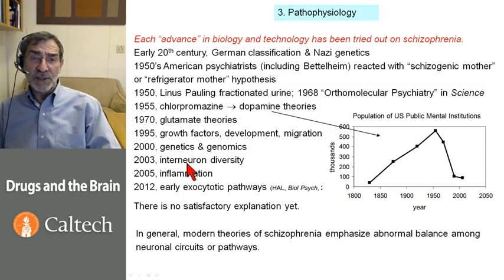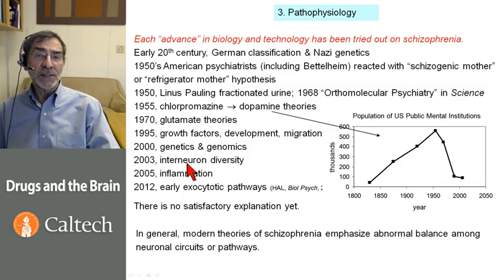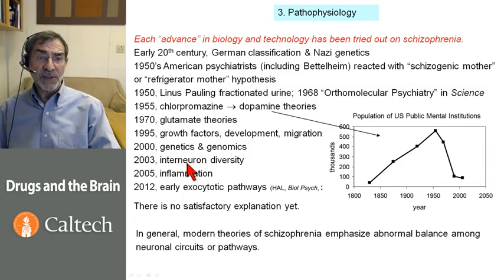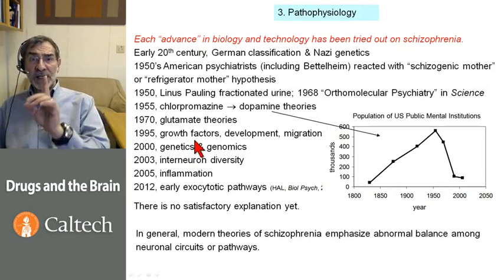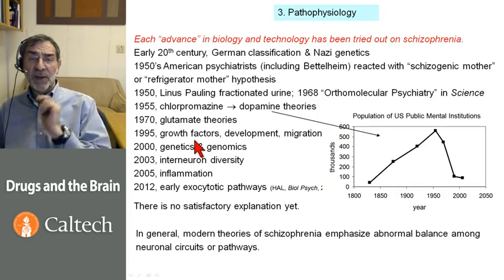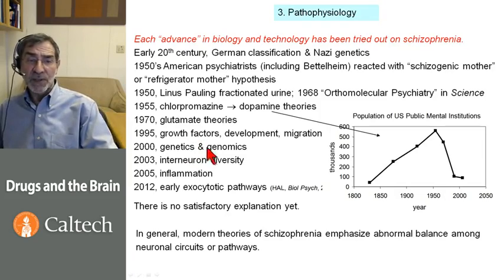In the early 2000s, when it became clear that interneurons were diverse in many ways, it became possible to suggest that only a single type of interneuron is defective in schizophrenia. That idea is being pursued today as well.